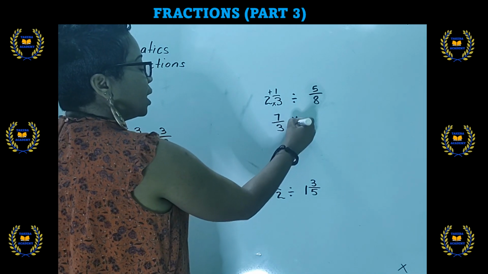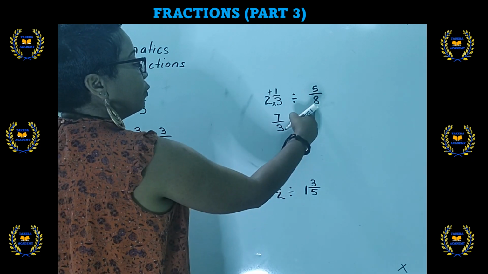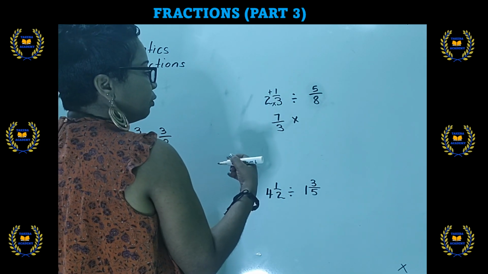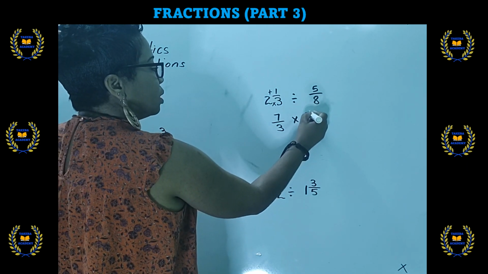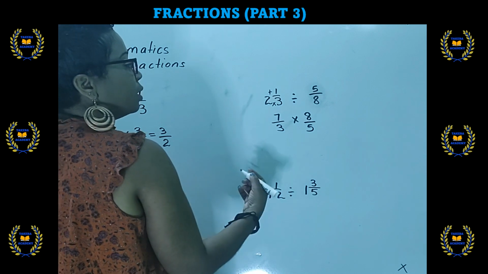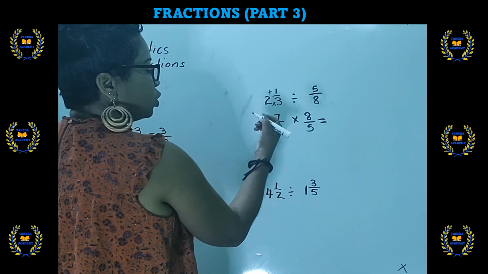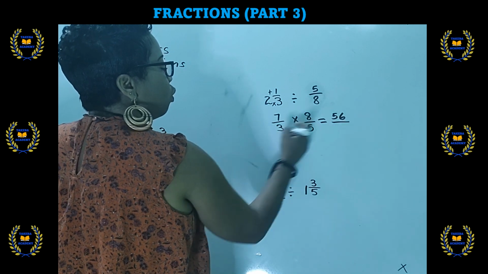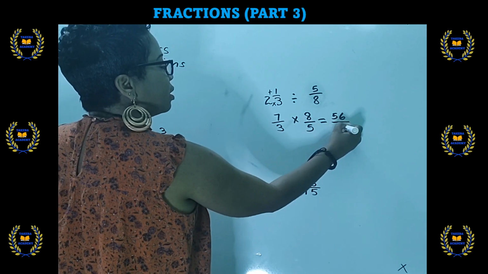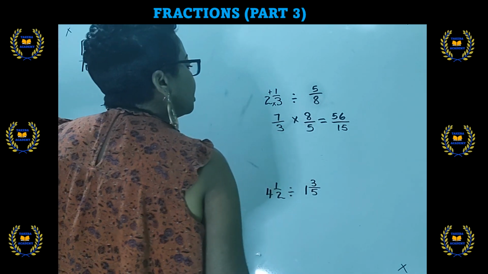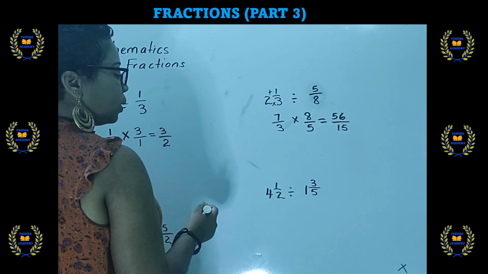Then we change the sign and then we flip, or find the reciprocal of, the second fraction. So the 8 goes on top and the 5 goes at the bottom. Then we multiply across as usual. 7 times 8 is 56 over 3 times 5 is 15. And of course, just a reminder that we can simplify this as well.